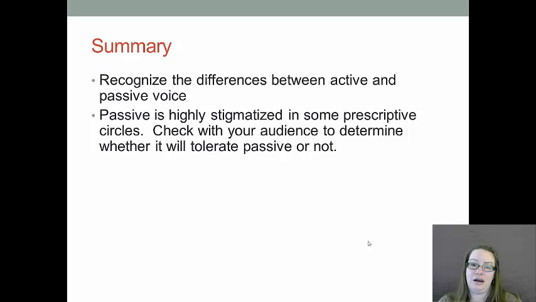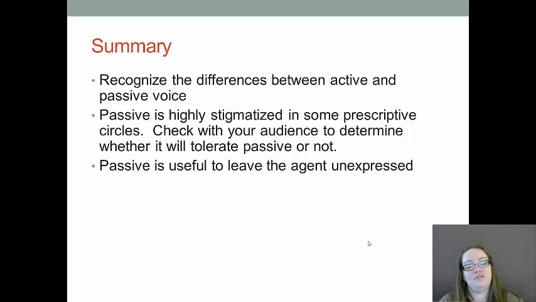On our exam, I'm going to ask you some questions about what sentences a prescriptivist would prefer. We would prefer an active sentence over a passive one, and we prefer the to be passive over the get passive. And passives are very useful for us. Even though prescriptivists frown on them, they're very useful for when we don't want to express the agent or want to leave the agent unexpressed for some other reason.